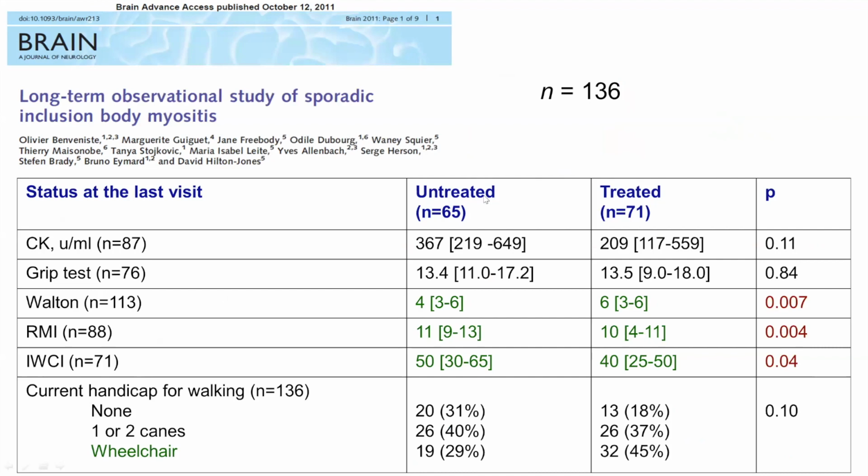But we reviewed all the patients and we observed, on two scales of handicap, the Walton and the RMI, but also on the IBM Weakness Composite Index, which is a score on the muscle strength and endurance of the patients, that the treated patients have a more severe handicap and are weaker than the untreated ones.